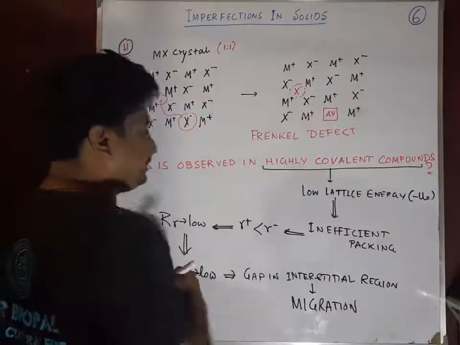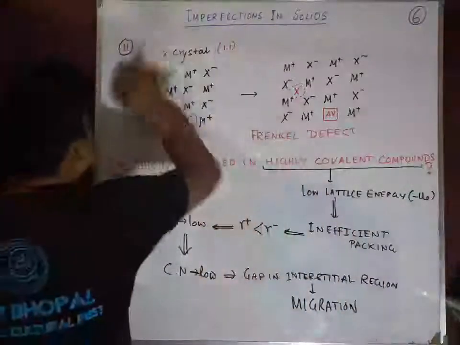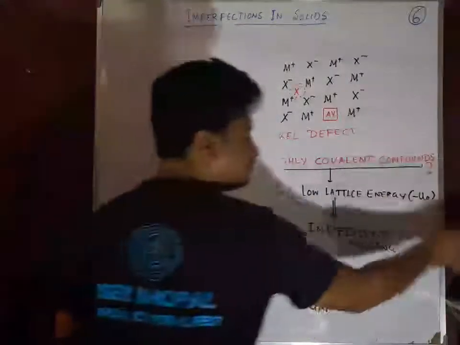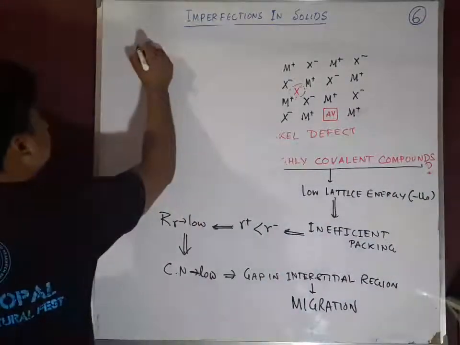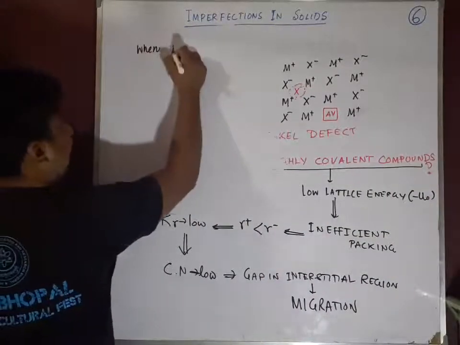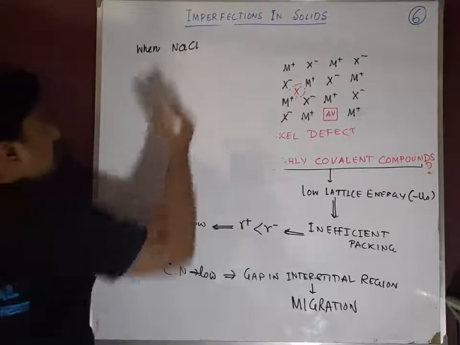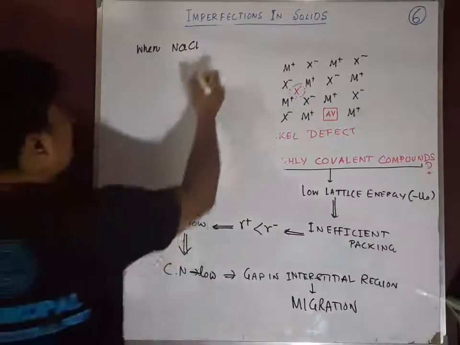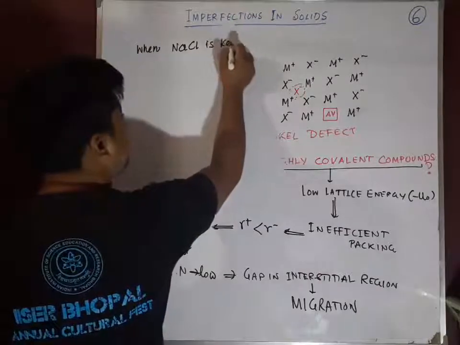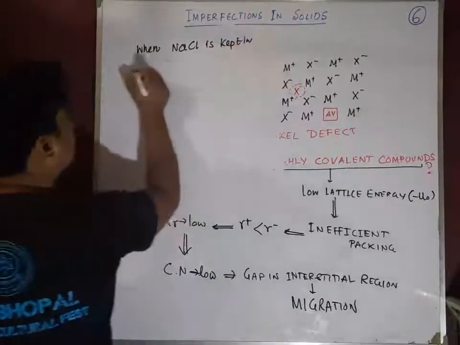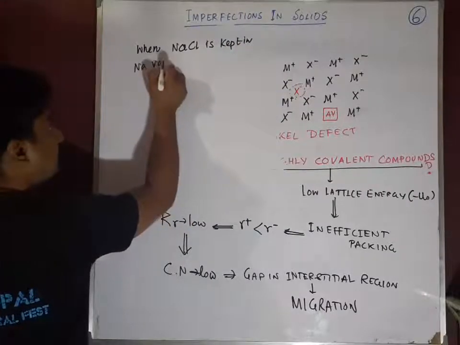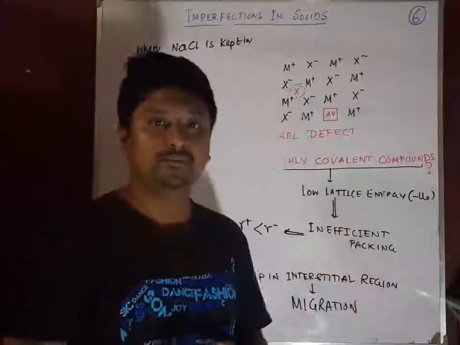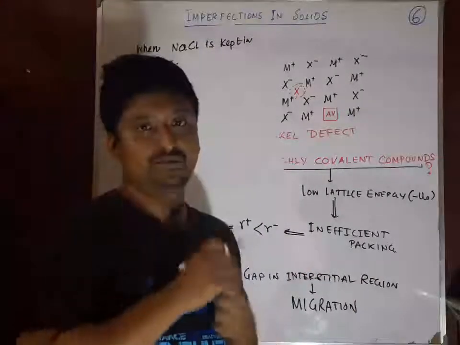The question is that when NaCl, just common table salt, sodium chloride, is kept in sodium vapor, you have a box of vaporized sodium and you kept sodium chloride.